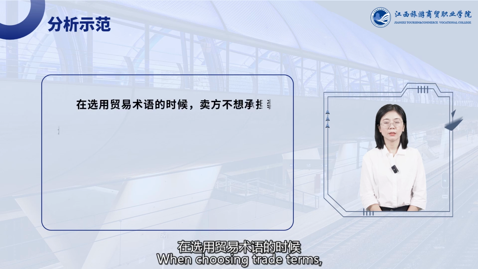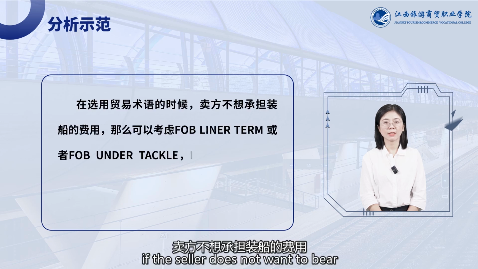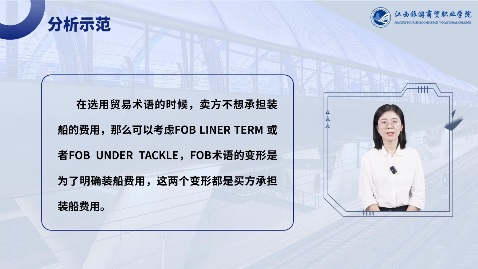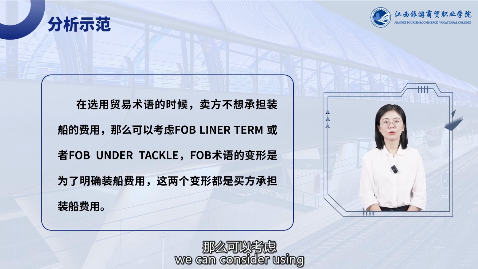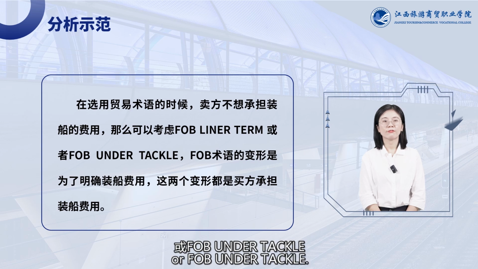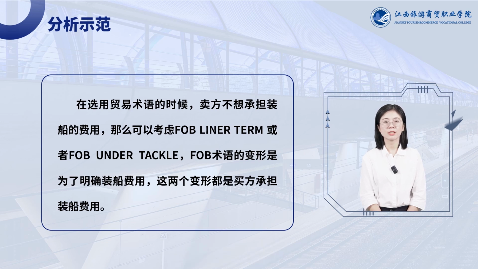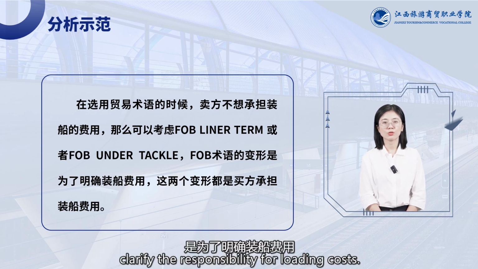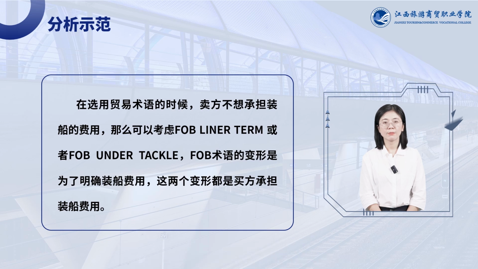When choosing trade terms, if the seller does not want to bear the cost of loading the goods onto the ship, we can consider using FOB liner terms or FOB under tackle. These variations of FOB terms clarify the responsibility for loading costs.